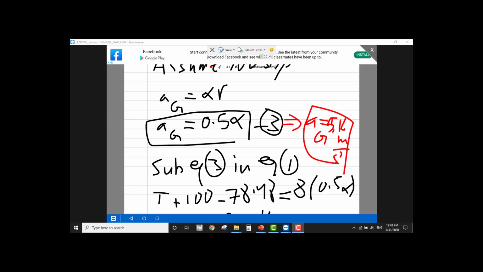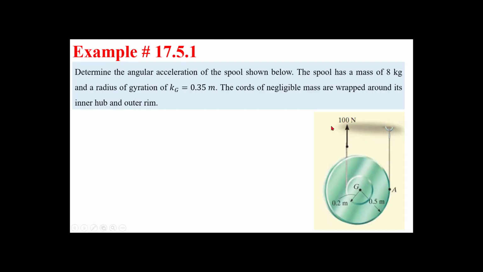So by this we could solve this problem. The requirement, angular acceleration, equals 10.3, without verification of the previous assumption.